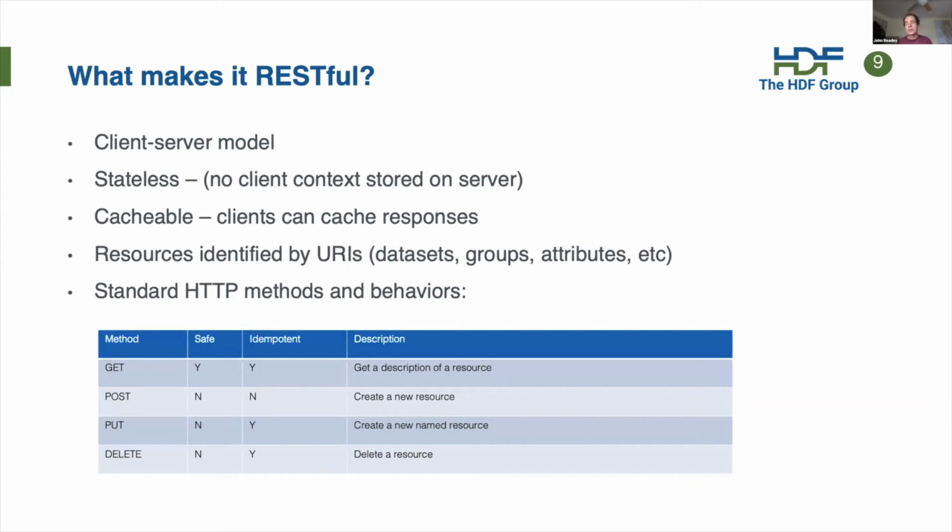For example, get is safe in that it shouldn't change data, and it's idempotent in that you can make the same get request repeatedly and you'll get the same result. Again, for RPC, usually RPC protocols are implemented as get, but they're not safe and they're not necessarily idempotent. So by following these standards, it works better with people's expectations of how REST APIs work.